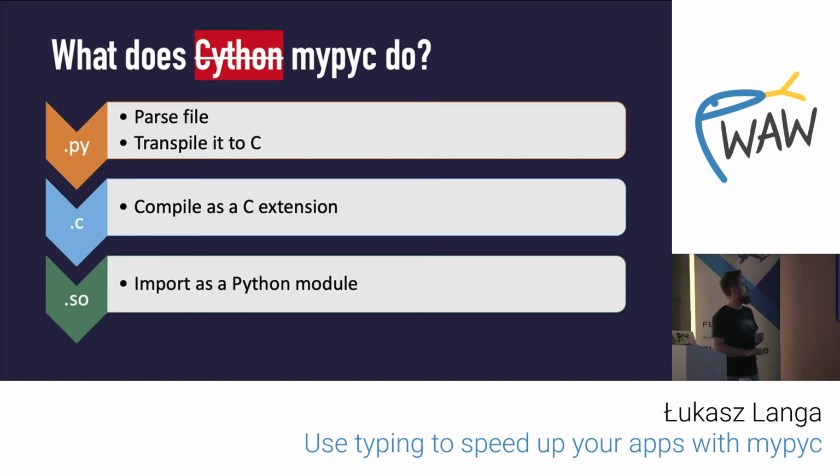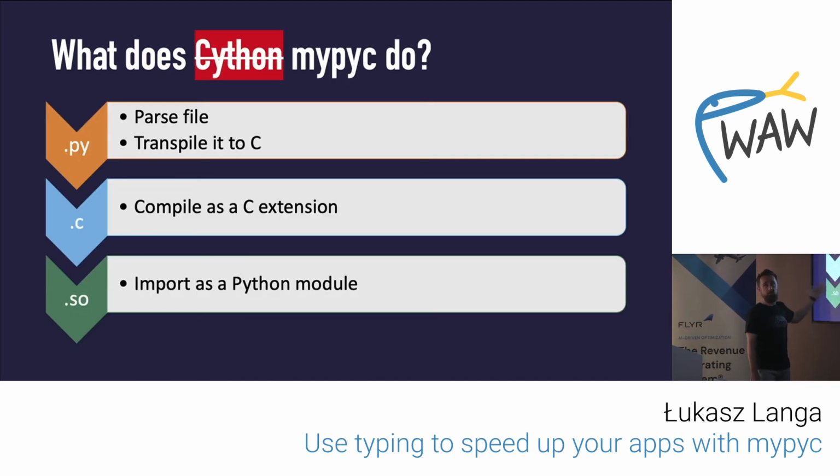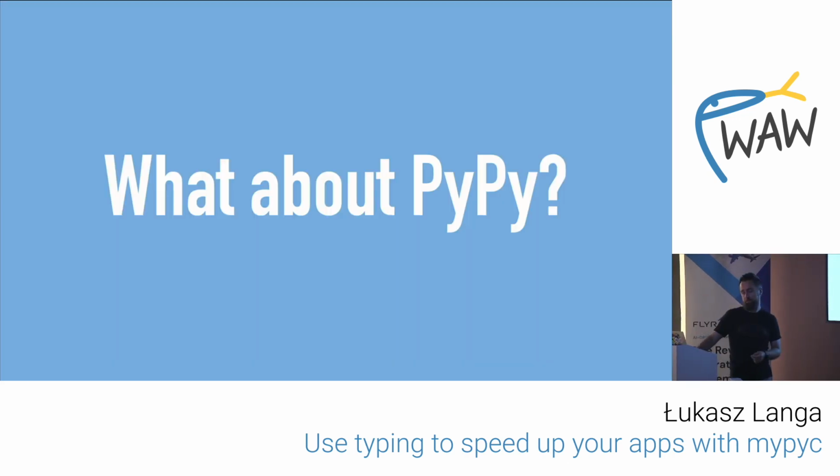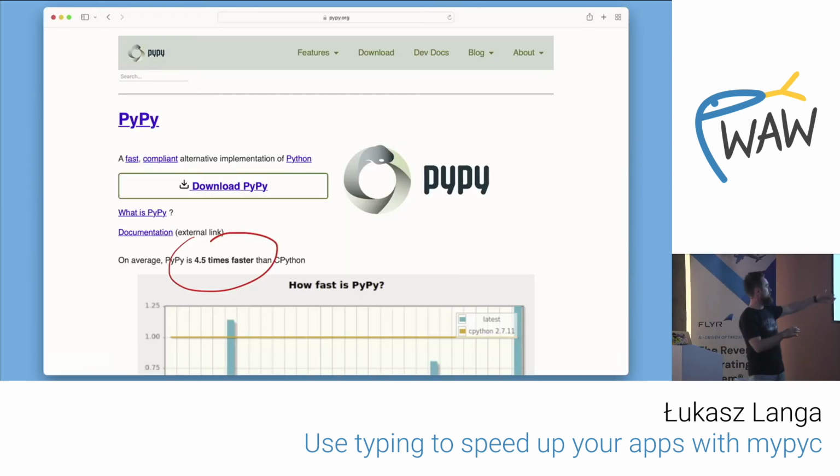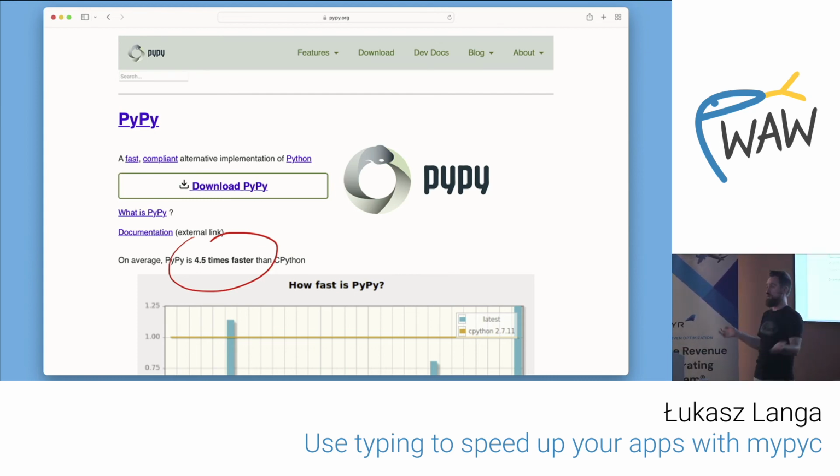So what does mypyc do? It's the same thing as Cython, literally, only you're using py files instead of pyx files. So what about PyPy? Well, PyPy says that it's like 4.5 times faster than CPython, and it's also super compatible, and you can just use your Python code, and it's faster.